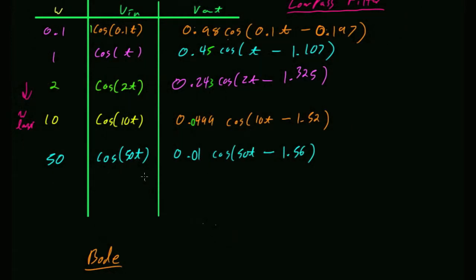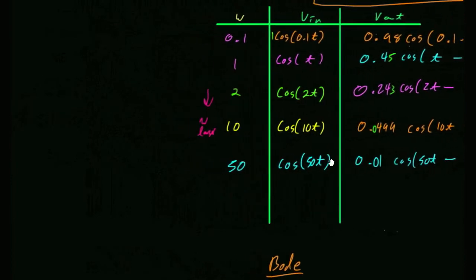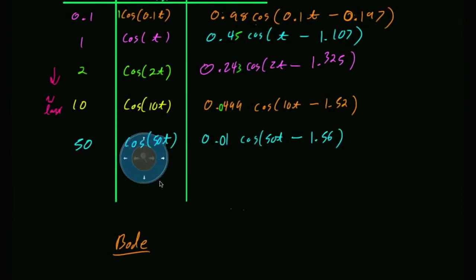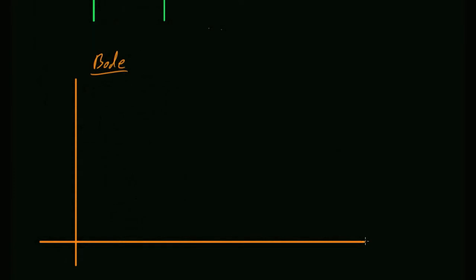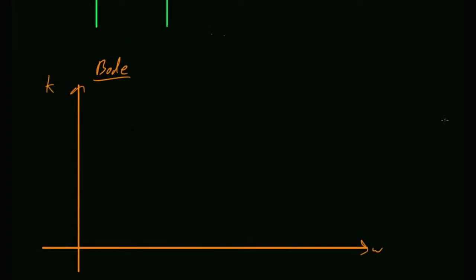There's a couple ways you can do this. The simplest way is to put frequency on the one axis and the magnitude, the cosine amplitude, on the y-axis. In this case, a frequency of 0.1 would give us 0.98. If I put this at 1, this is just a shade below 1. Then we had a frequency of 1, which had about 0.45.